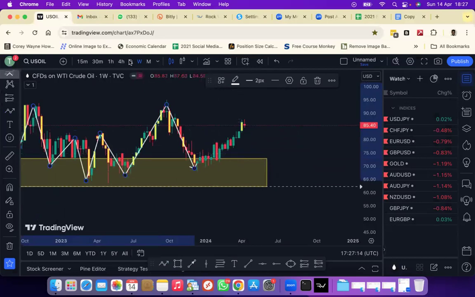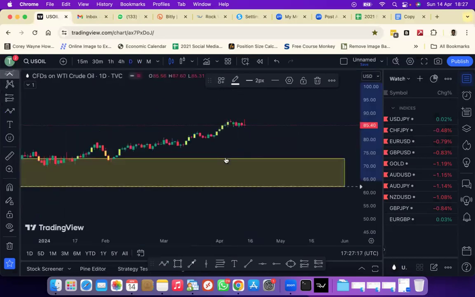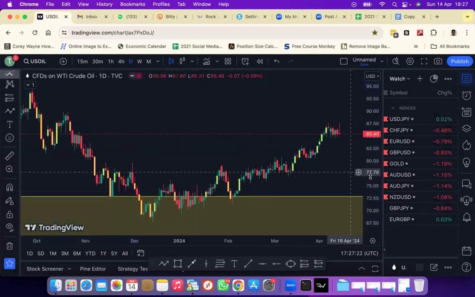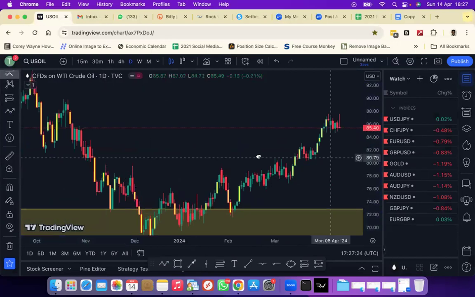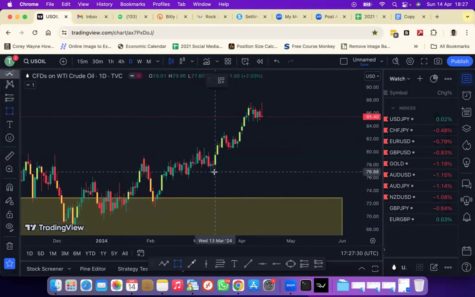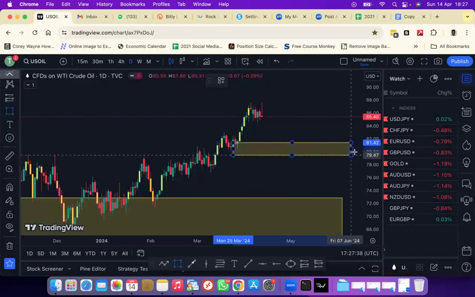When you go to the daily time frame, it should be a bit clearer. So price is bullish on oil. Now this is a daily time frame. In a bullish market, you want to look for demand zones to buy from, right? So this is a demand zone that you can buy from.